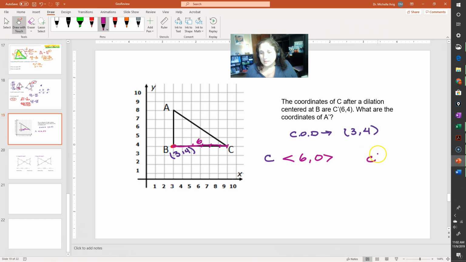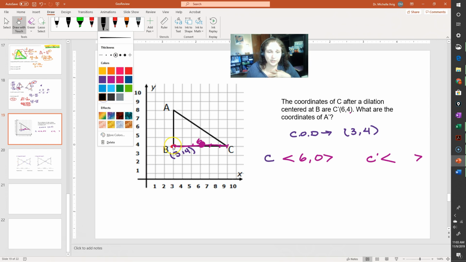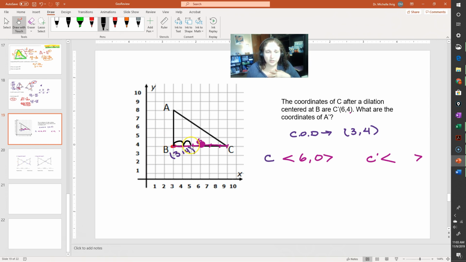Now it tells us that C prime is 6, 4. So that would mean this is where our C prime is. Well, how did we get from B to C prime? We moved 1, 2, 3, and we did not move up or down.